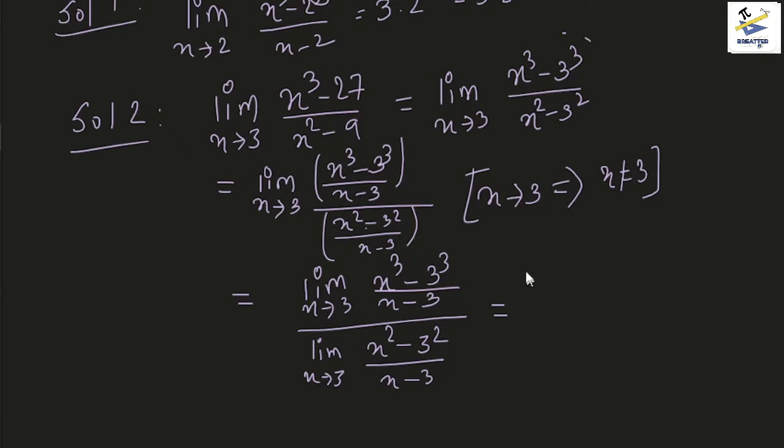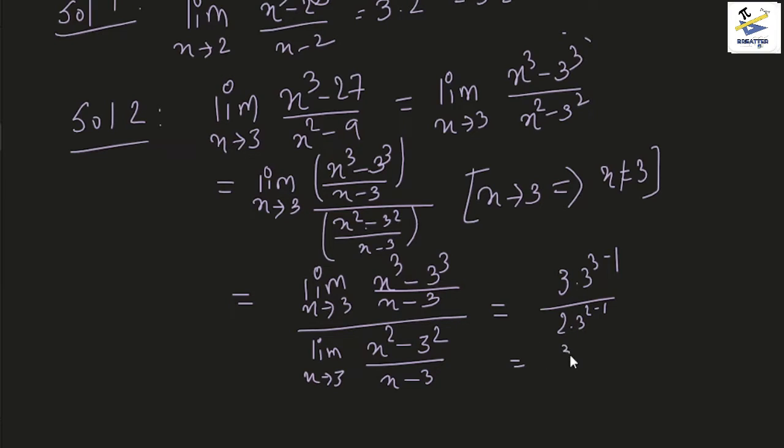So the above portion would be 3 into 3 to the power 3 minus 1, and for this one n is 2, so 2 into 3 to the power 2 minus 1, right?